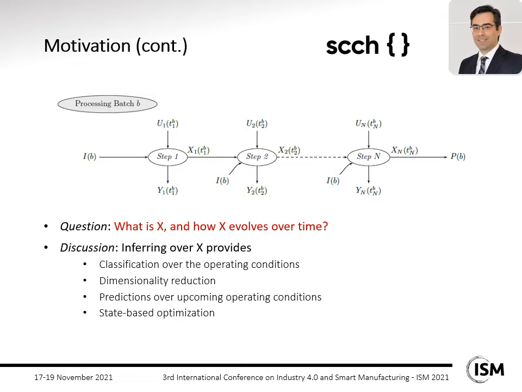As we discussed in the previous slide, the objective here is to be able to infer over the operating conditions in each of these given steps of the process. And by following such an inference-based approach to process diagnostics, we indirectly manage to classify the operating conditions.